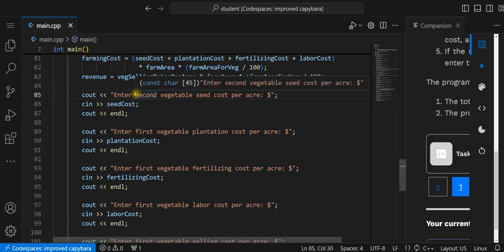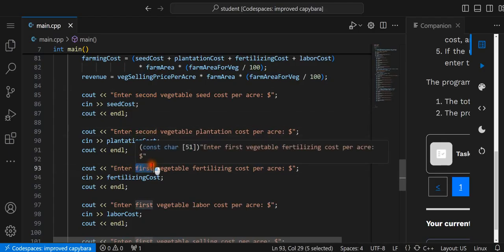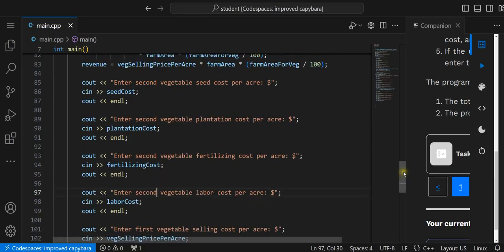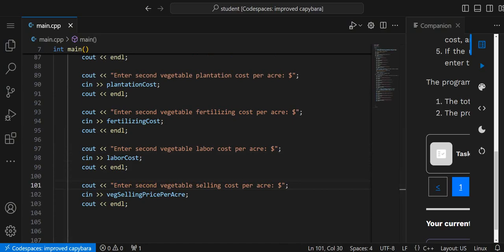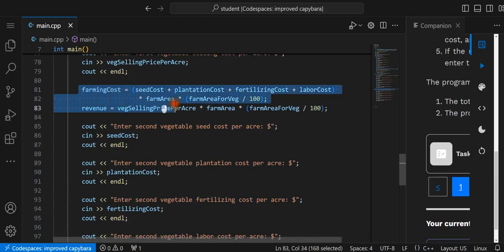Second, copy and paste it. Second, second, second. And second vegetable selling costs. Second. Alright. Now let's do the same thing again for this line and see what else we need to change.